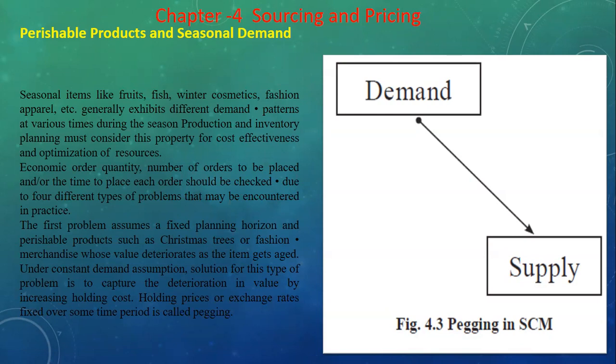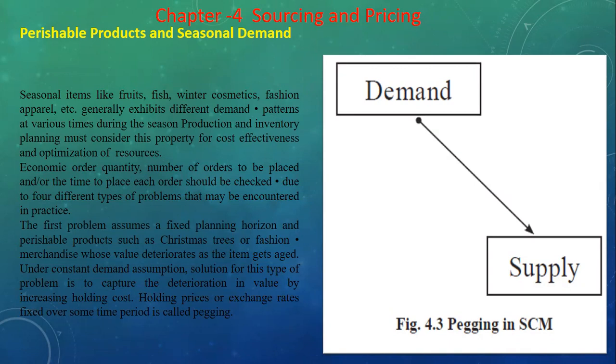The first problem assumes a fixed planning horizon and perishable products, such as Christmas trees and fashion merchandise, whose value deteriorates as the item ages. If we store a product like a Christmas tree for the Christmas festival, we need to store it first, which incurs charges, and the product will age.